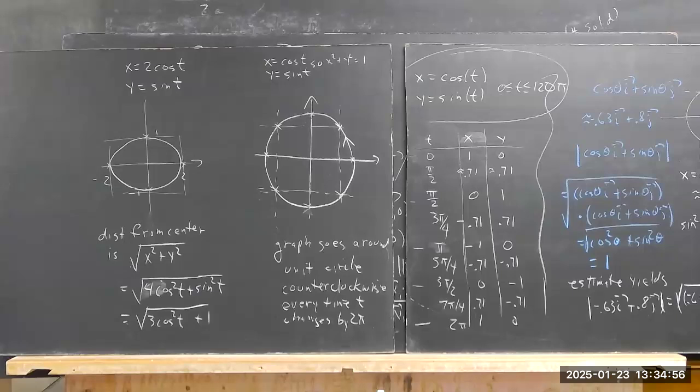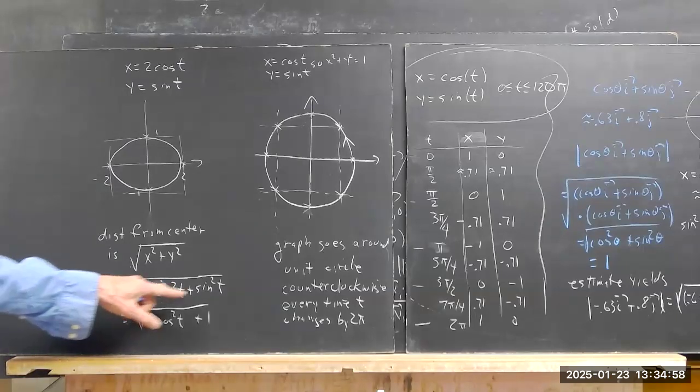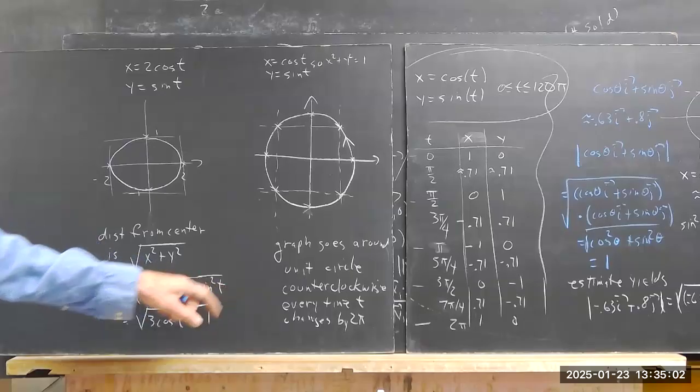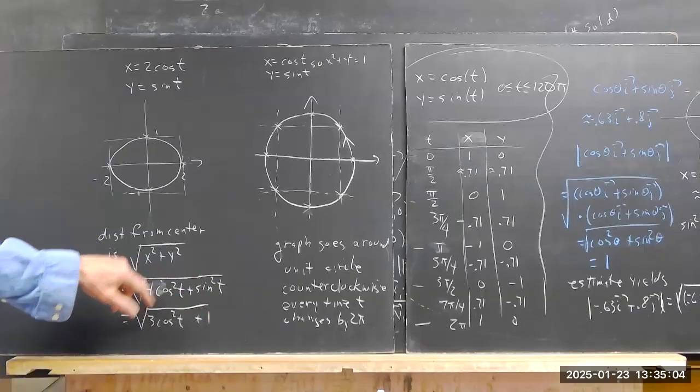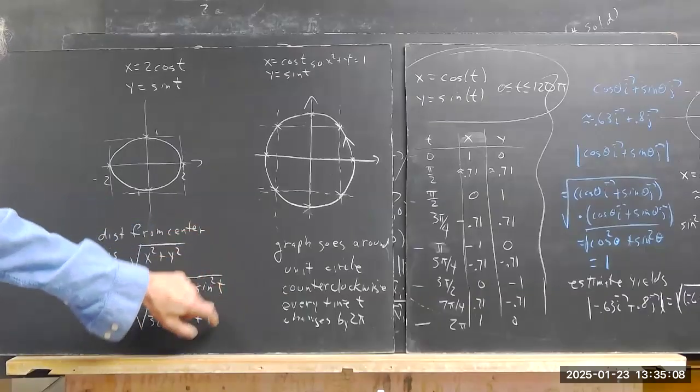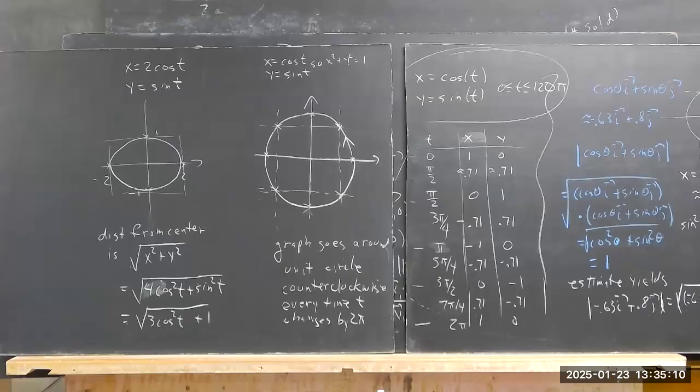And why is that? I take one of these cosine squareds and match it up with the sine squared to give me 1, right? So I keep 3 cosine squared out here, but then that leaves me a cosine squared plus sine squared, which is just 1. That's probably the simplest expression.